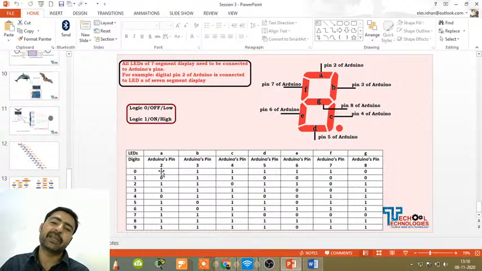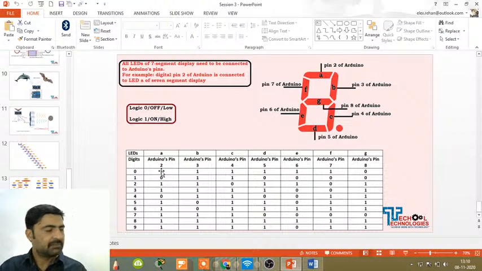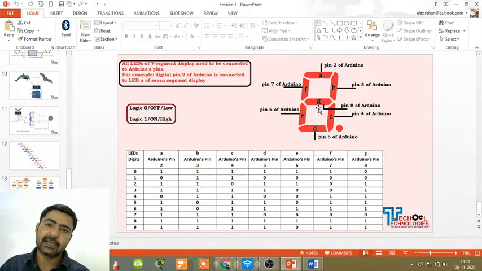That means if it is 1, the LED will be on, and if it is 0, the LED is off, or 0 volt. To display 0, we need to turn on LEDs A, B, C, D, E, F. Except G, all the LEDs will turn on to display a 0.